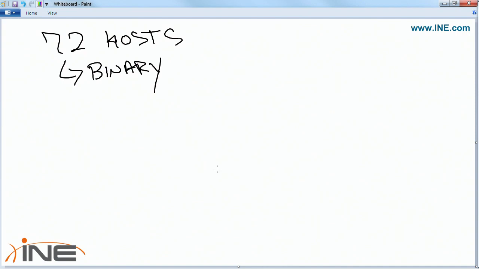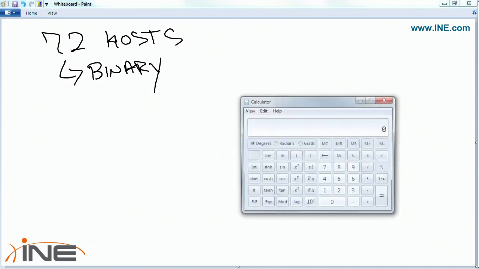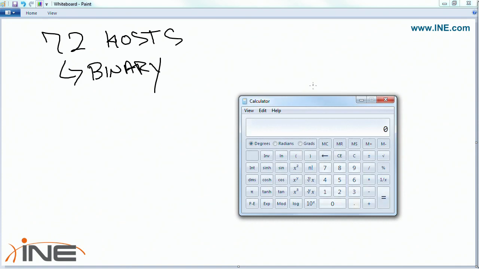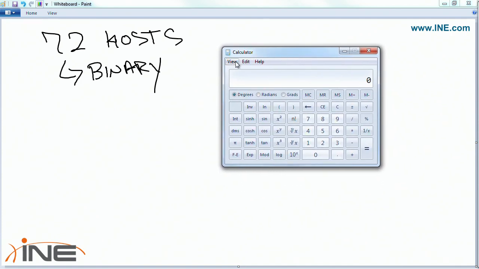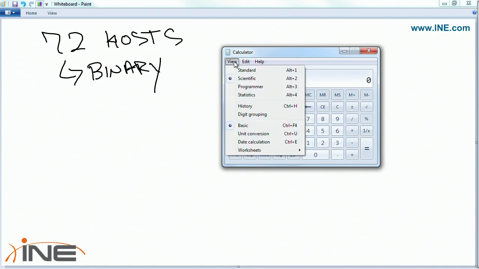So if we take 72 in binary, and the problem is in the exam you're not going to have access to the calculator, so you're going to have to do all of this longhand. But we'll look at some of the shortcuts afterwards, how we can do this.